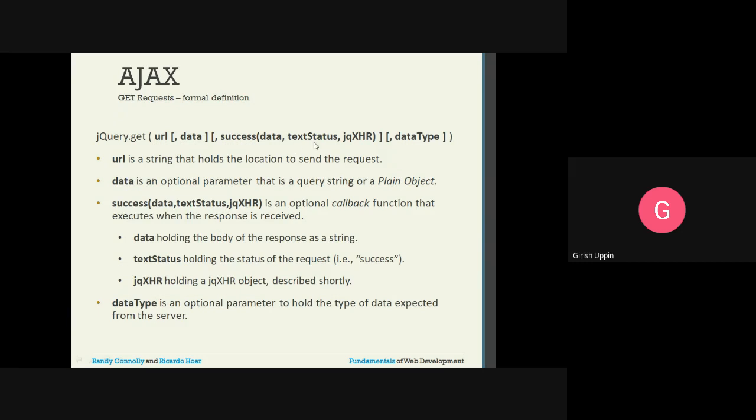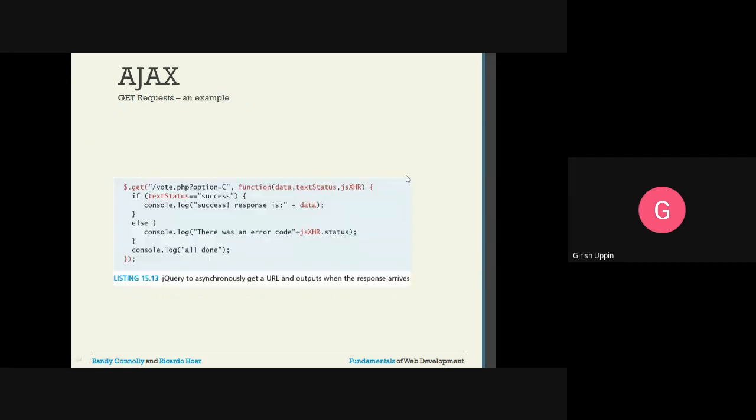The text status, whatever the request status is, whether it is a success or a failure, will be returned. And jqXHR is an object that describes the response completely. Then we have the optional data type that is expected from the server.